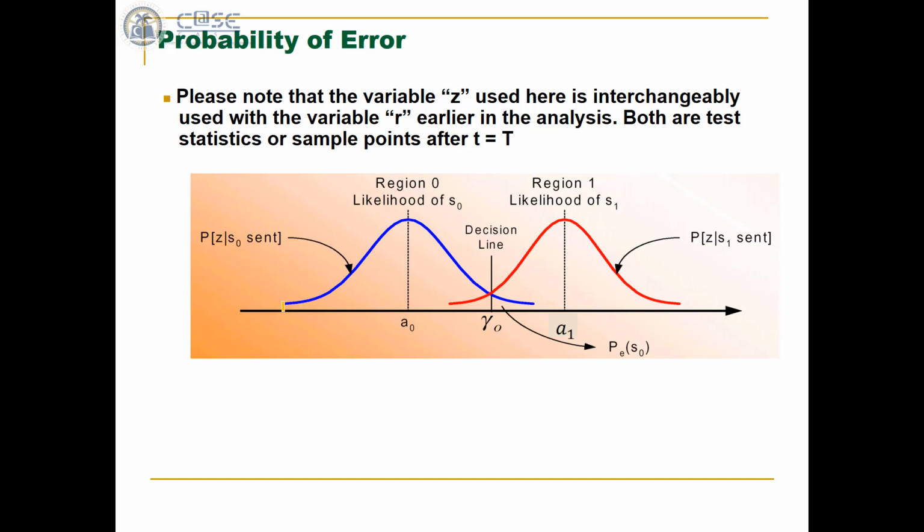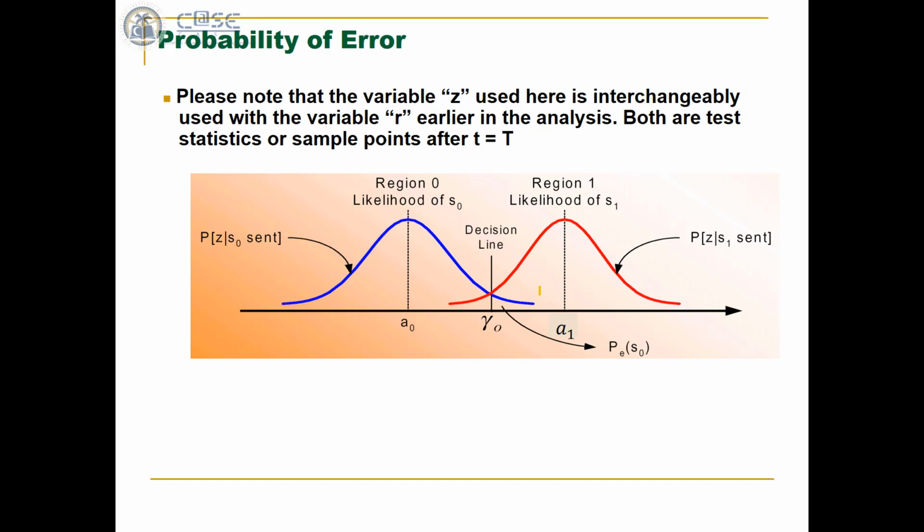You can also see the two likelihood probabilities plotted here, and they overlap together in between these two regions. This blue one is for the signal class S0. That is, it is the likelihood probability of the received signal Z given S0 sent, and the red one is the likelihood probability for the received signal Z given signal class S1 sent.